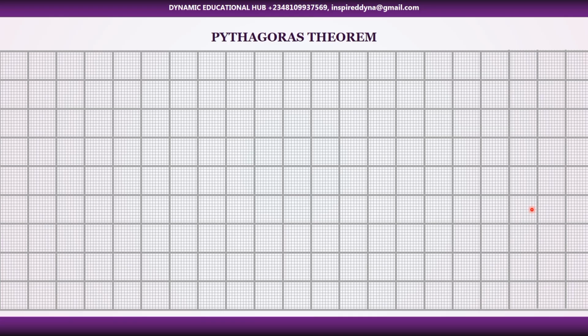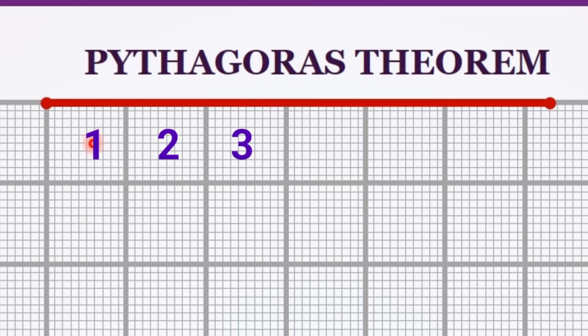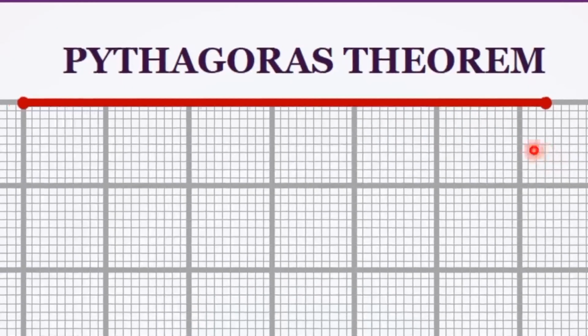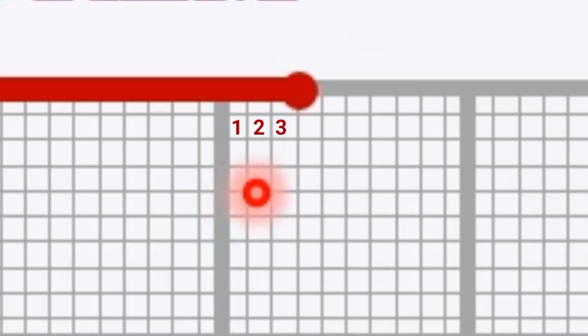Proving Pythagoras theorem, let's pick 3 points here. These 3 points will form a right angle triangle. So we need to count the number of boxes to fix the length. Now let's join these together. So let's go ahead and count the boxes. 1, 2, 3, 4, 5, 6. Then we have subdivision here. If you count the subdivision, we have 1, 2, 3.